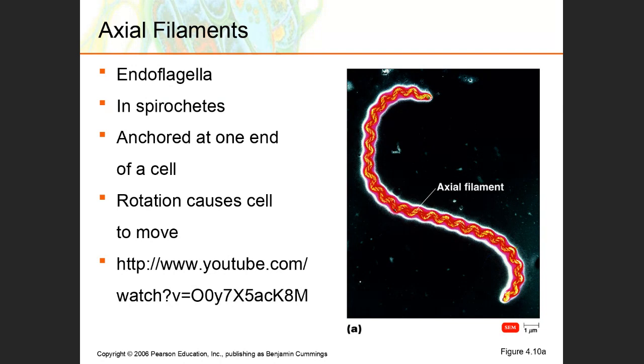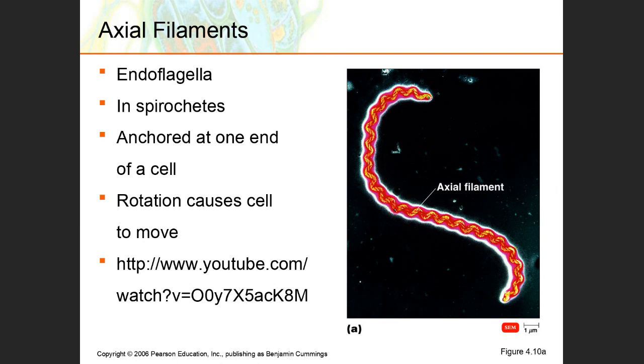And so the way it works is that the axial filaments are attached to one end of the cell. And then the axial filaments run along the cell body, but there's another outer covering of the cell called a sheath.